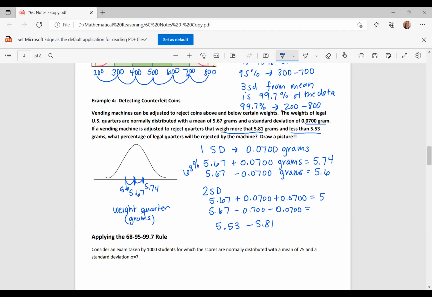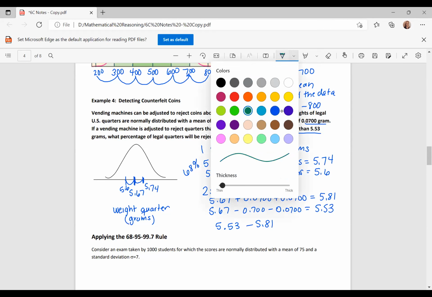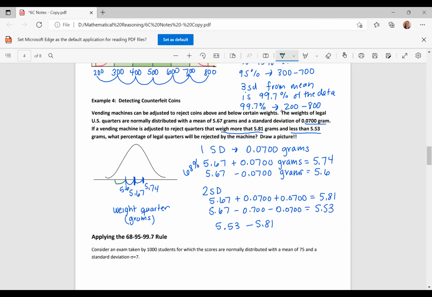So 5.81 is our upper end, and then 5.53 is our lower end. Another standard deviation here is going to be 5.81.